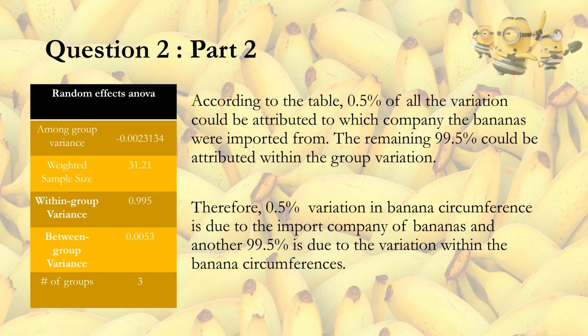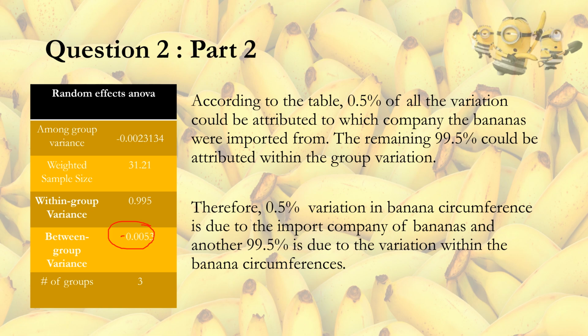So according to this table here, using the random effects ANOVA, we have a within group variance of 0.995 and a between group variance of 0.0053. That's fairly small, and actually that's going to be negative.